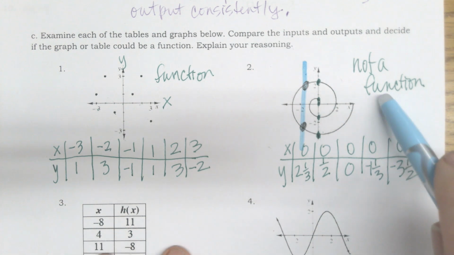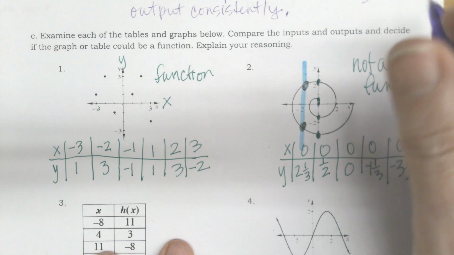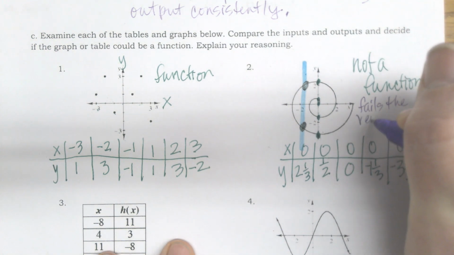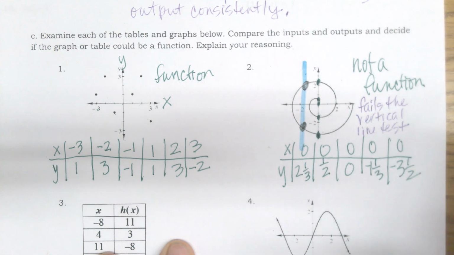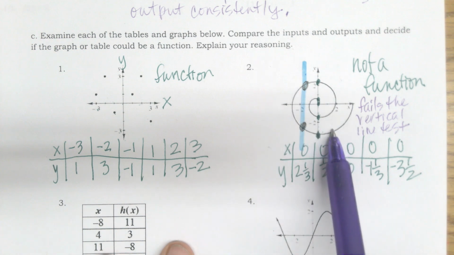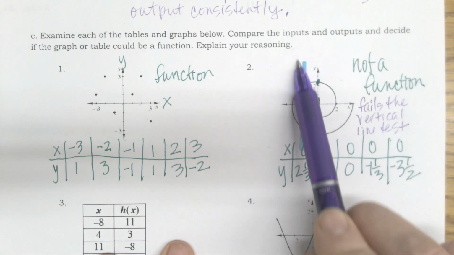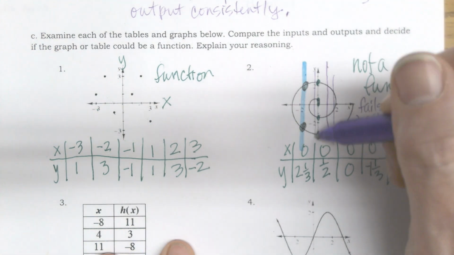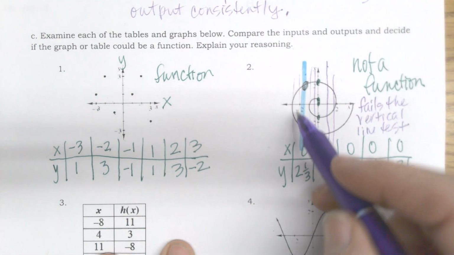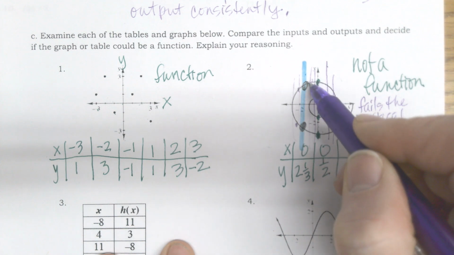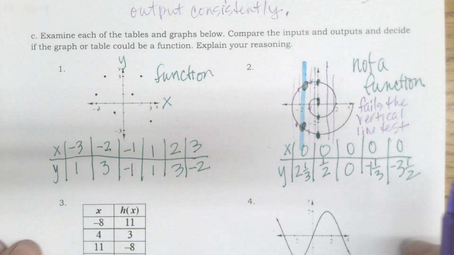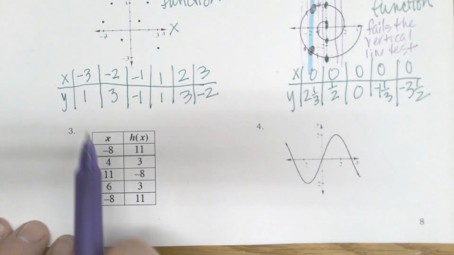So my reason for this not being a function is because it fails the vertical line test. Anytime I see a graph that is connected like this, all I have to do is draw a vertical line. In fact, this one fails in several locations, because there are multiple places I can draw, and it's going to cross the function more than once. So not a function.